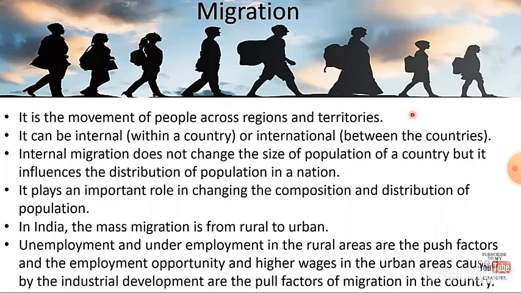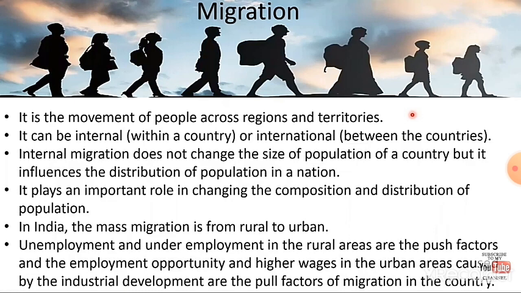If the people move from one state to another state, the population will be the same amount across the whole country. But it influences the distribution of population. The distribution will vary from state to state. So the distribution will differ, but the size of population of a country will not change.